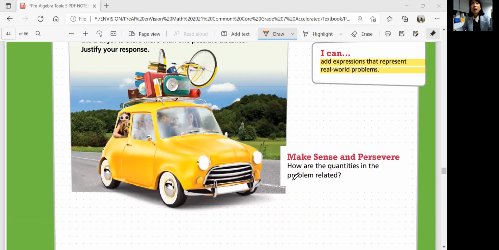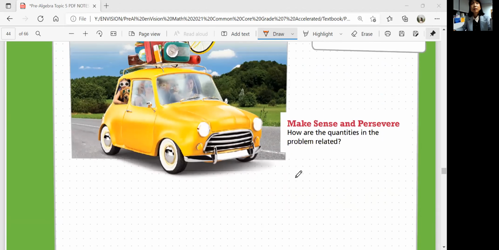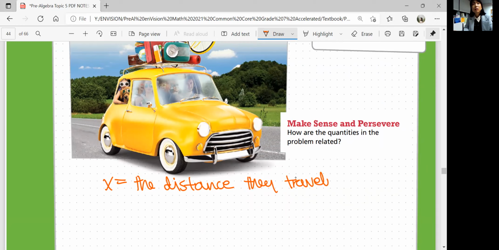So how can you write an expression for that? You can say X could represent the distance they traveled on the first day. Because that's unknown. That could be a variable.